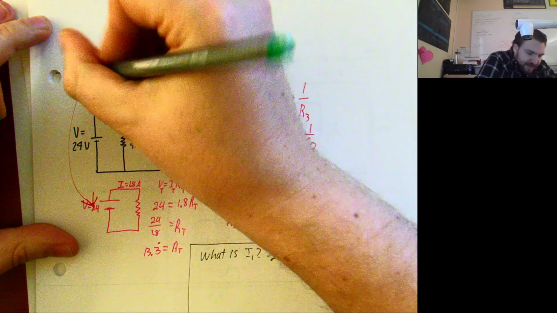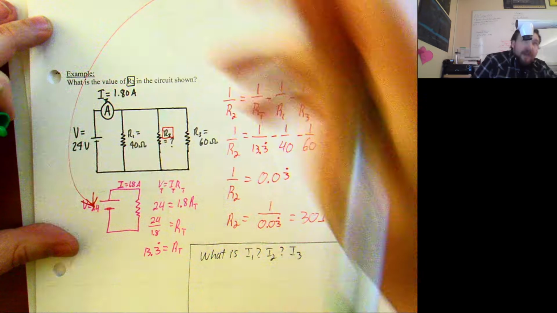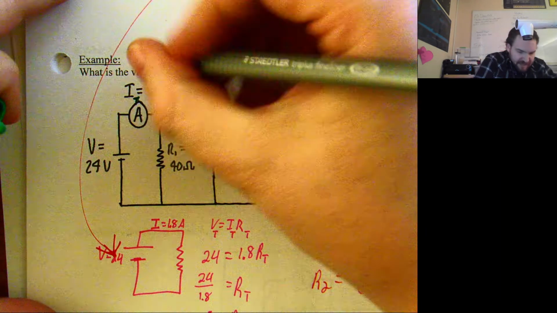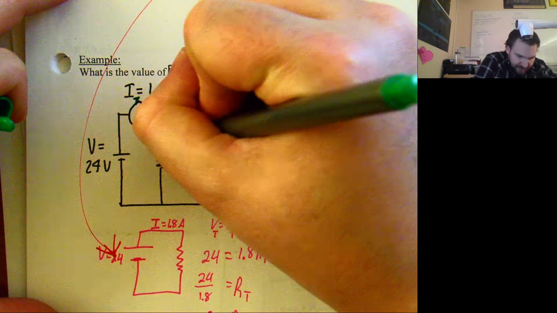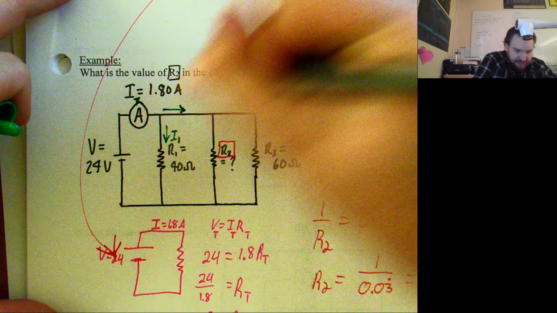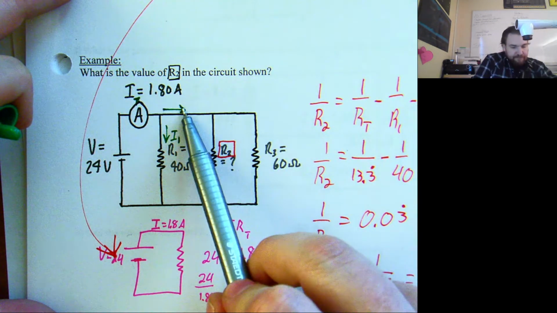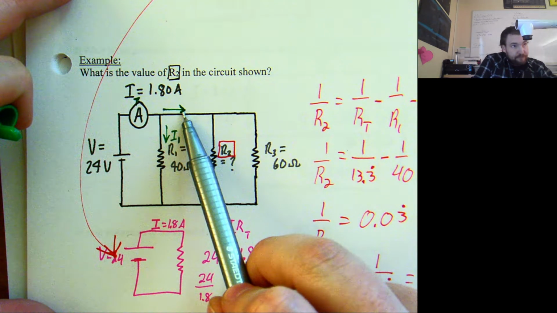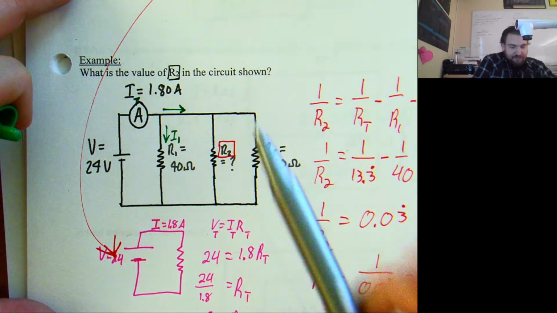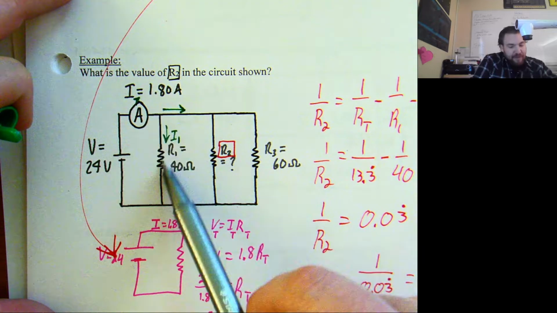Okay, so this is my total current here, that 1.8 amps. This current here is going to be I1, which means the current going this way is going to be what? Is it just I2? It's not, no. I1 went this way.